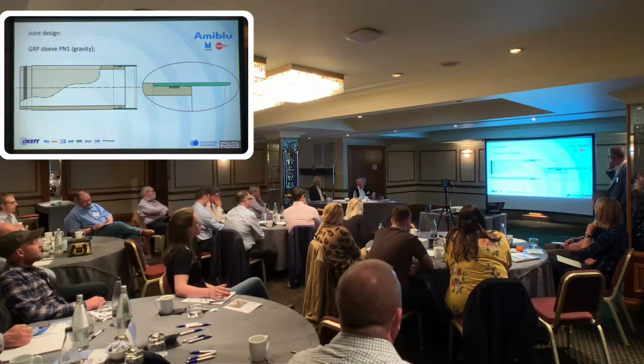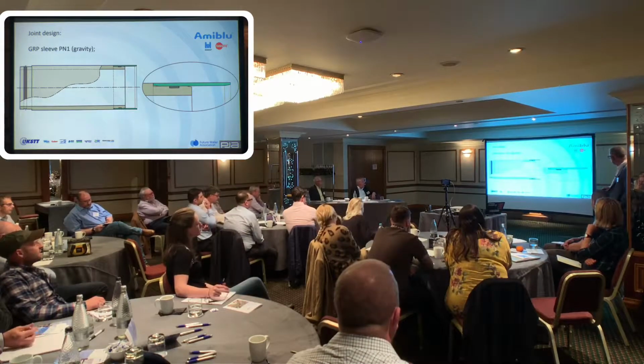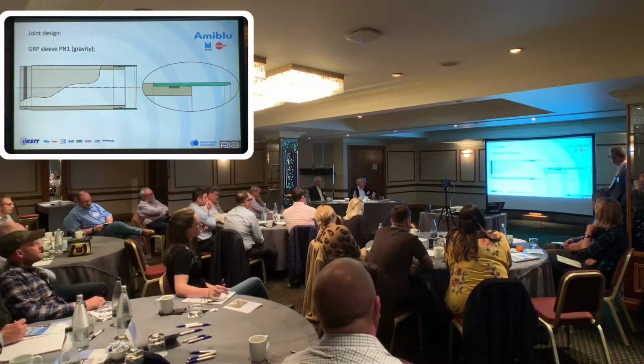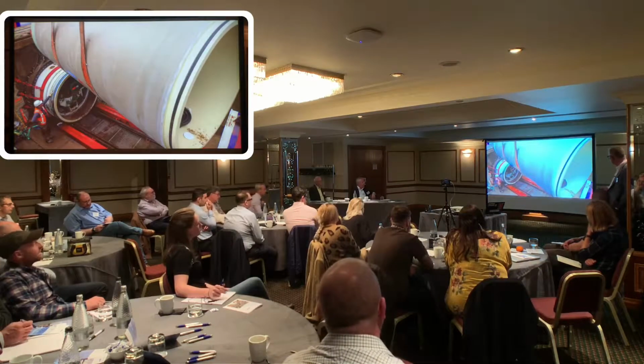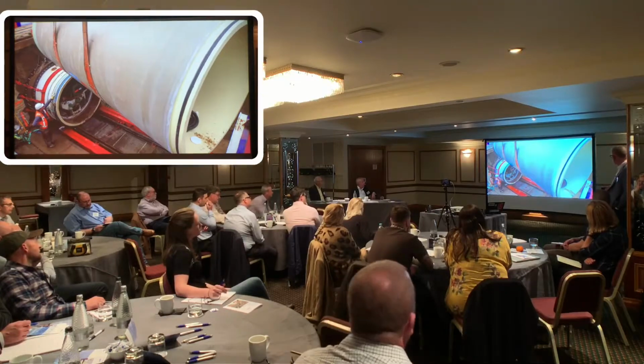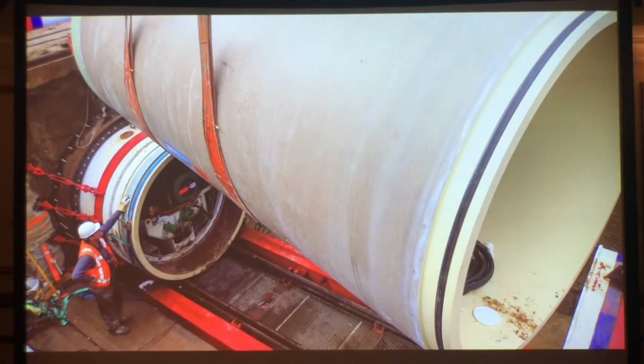An example of the GRP sleeve. Picture. So we have a groove in our spigot, and there's a rubber seal in it, just like with the concrete pipes.